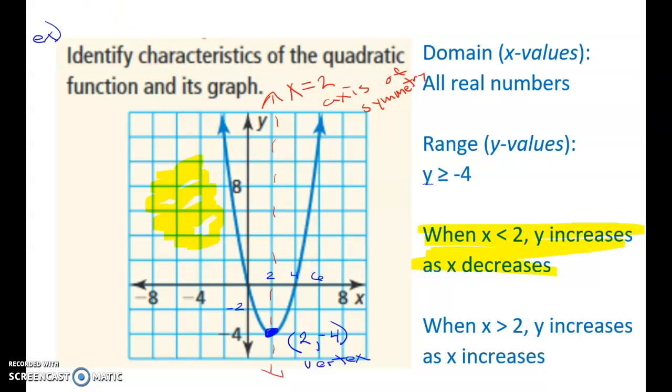It wants to know what x is doing. Okay, so basically, it is increasing going right to left, so that means x's are decreasing. So that's why one of these says y is increasing, and then x is decreasing.